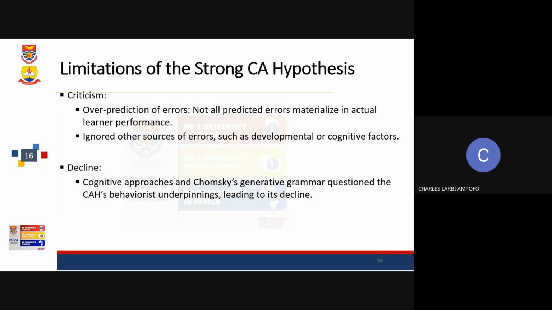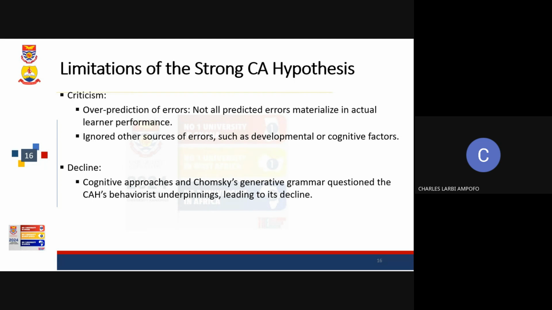And another criticism is that they ignored other sources of errors. When people learn, they are learning. You see in our classroom, we say this one is smarter than this one, this one is better than this one. But it's not just due to one factor.